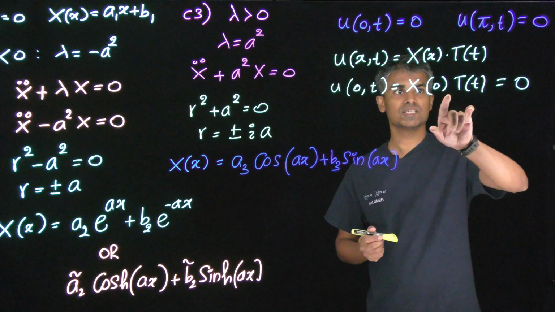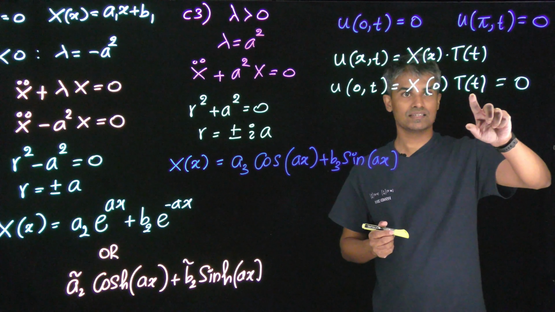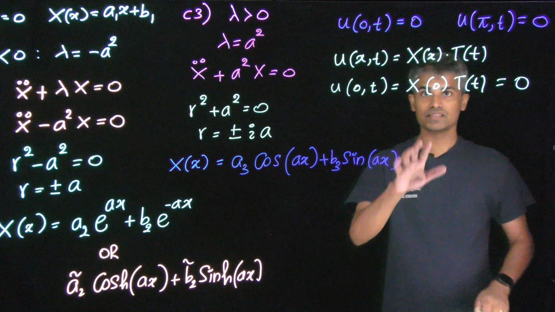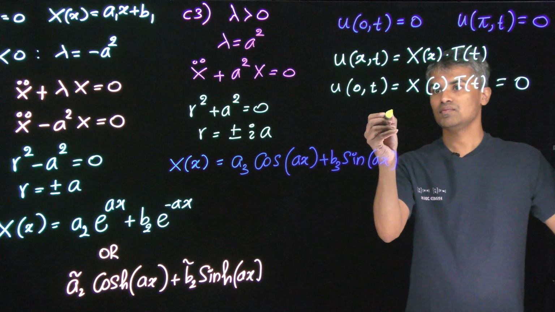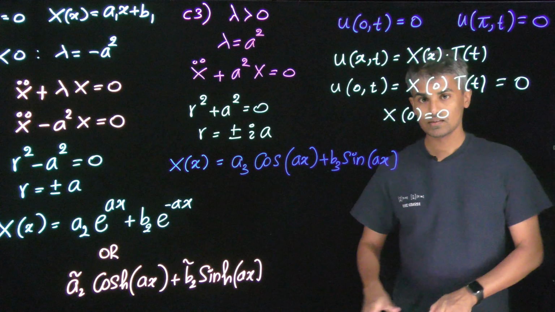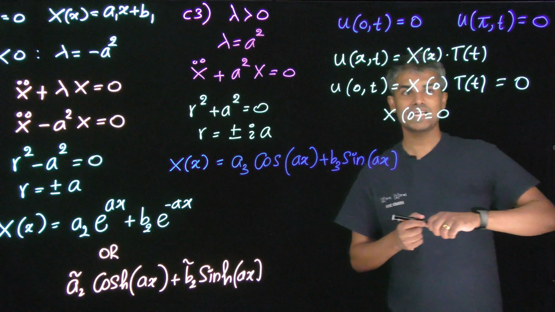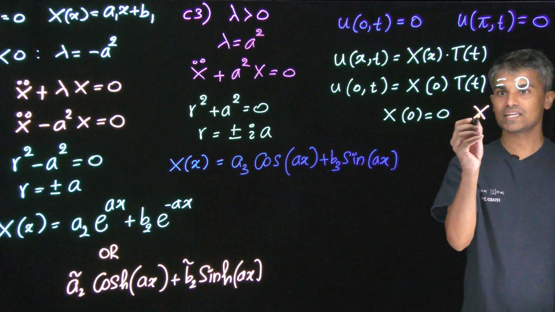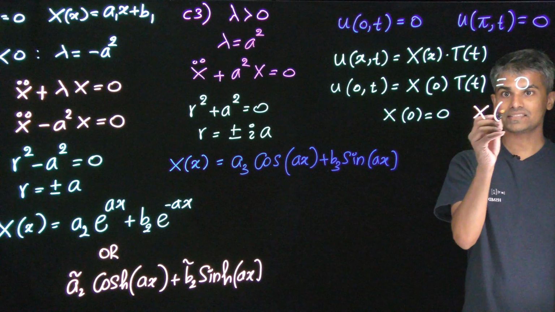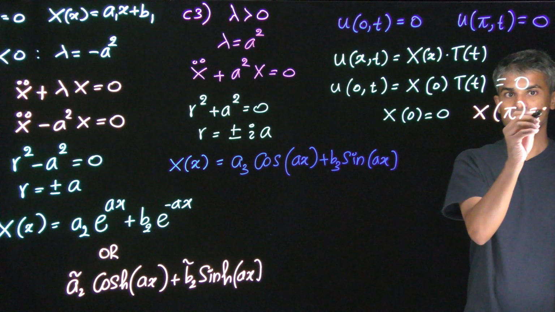This T does not equal 0 because we consider all the possible t values. Then the only possibility is big X of 0 equals 0. In the same way, we can get the boundary condition of big X at pi, and you should get 0 as well.